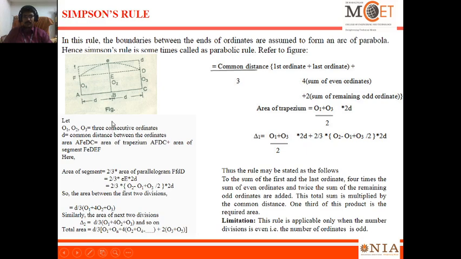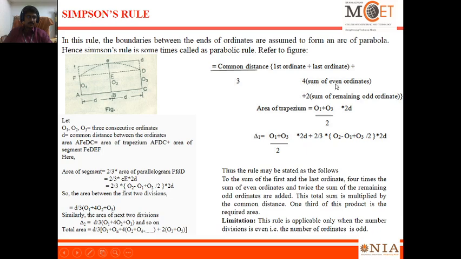How to determine the area: the general formula you obtain is, total area is equal to D by 3 into O1 plus On, the first and the last, plus 4 times the even ordinates O2 plus O4 plus O6 up to On minus 2, plus 2 times the odd ordinates O3 plus O5, and it keeps on going, right?